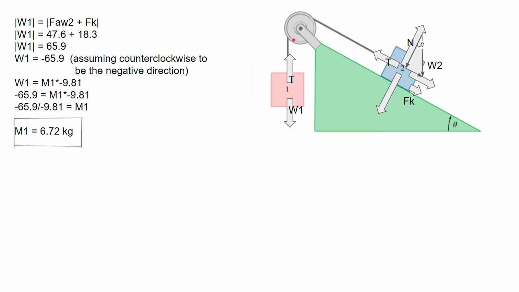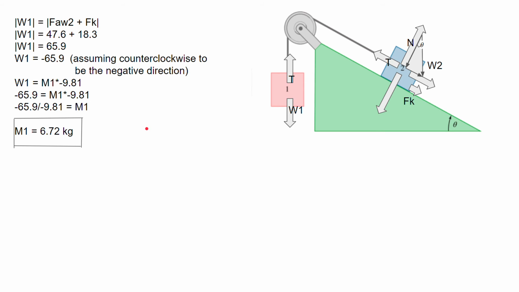So since the counterclockwise direction is negative, we're going to call W1 equal to negative 65.9, and since the acceleration due to gravity is also in the negative direction, and W1, as we said way back at the beginning, is equal to mass 1 times the acceleration due to gravity, we can use basic algebra to find that the weight divided by the acceleration due to gravity is equal to the mass, so mass 1 is equal to 6.72 kilograms. So that's the first part of the problem solved.